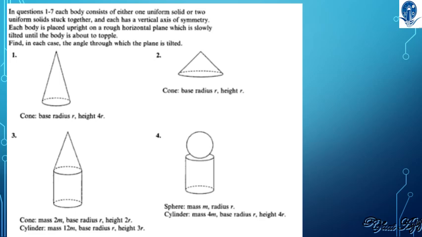Okay. These are the two bodies. You will put them on an inclined plane, and this is maybe the sphere, and this is the cylinder. Then find the center of gravity, and this is the point of toppling. This is the angle of toppling, and the same as this angle.